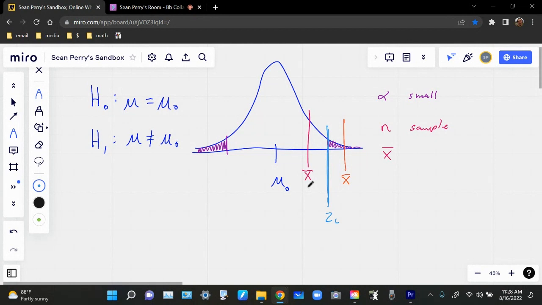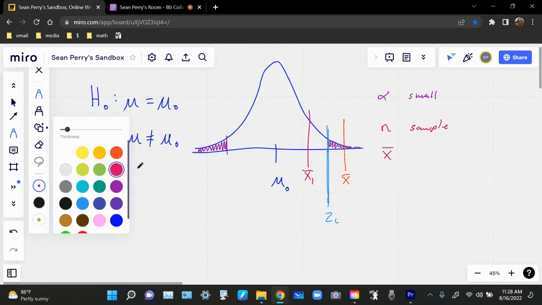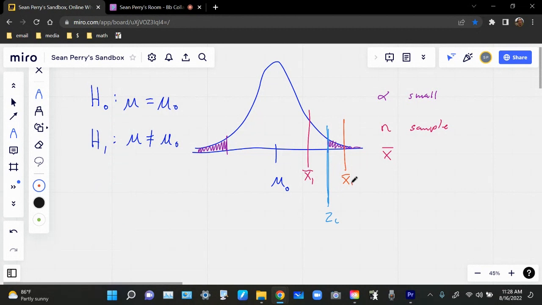And so we might propose, let's call these x bar 1 and x bar 2, we might derive z-scores for these. And notice that this z-score is closer to 0 in the red and farther away in the orange.